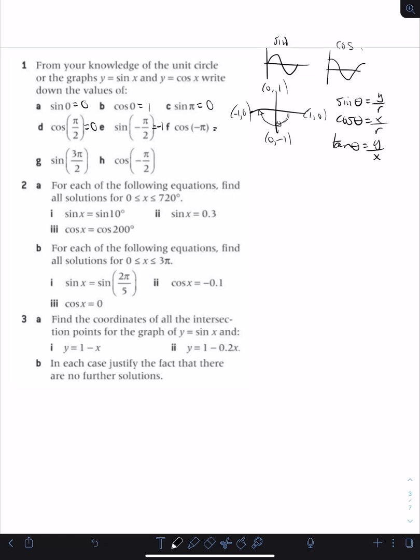That's negative 180 degrees. And the cosine of that would be negative 1. The sine of 3 pi over 2 is 270 degrees, which takes you all the way to the bottom there. And that would be equal to negative 1. And the cosine of 3 pi over 2 is again at the bottom, so the same exact area, and that would be equal to 0.